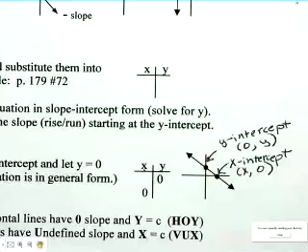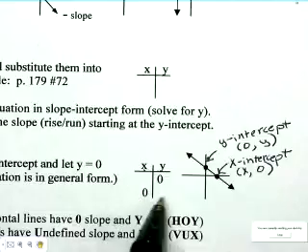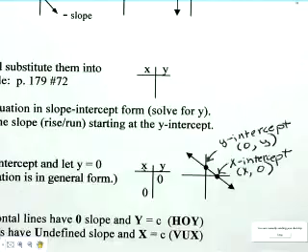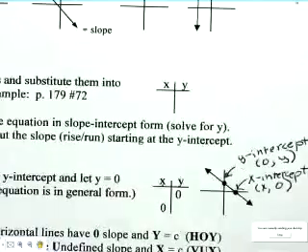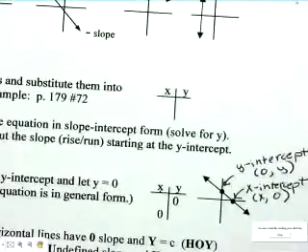So if you have an equation that's in general form, you can let y be 0 to find the x-intercept, or let x be 0 to find the y-intercept. And I'll do an example to show you why that's so easy when your equation's in general form. For example, number 78.